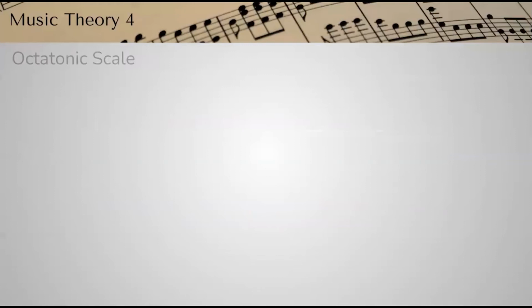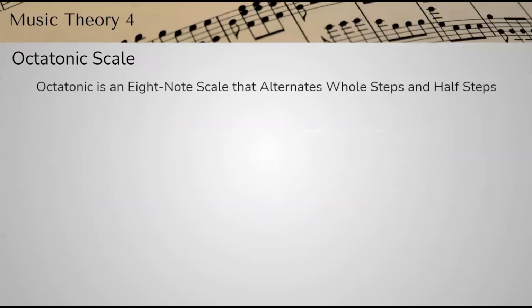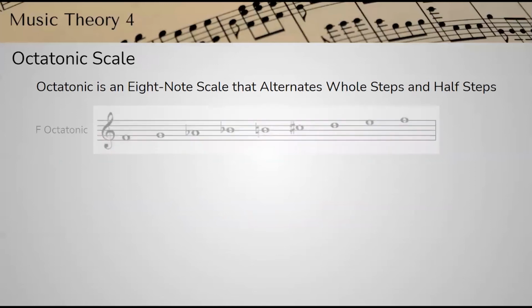Let's look at the next one, the octatonic scale, the coolest sounding scale for sure. And like the name suggests, it's an 8-note scale, and one way of thinking about the construction is that it alternates whole steps and half steps as it goes up the scale.